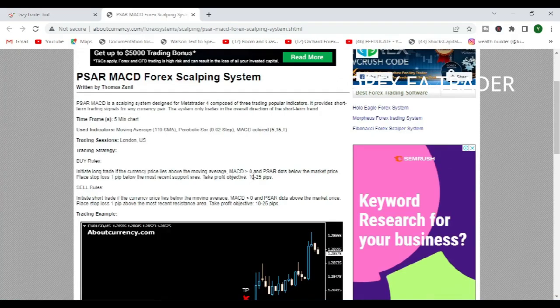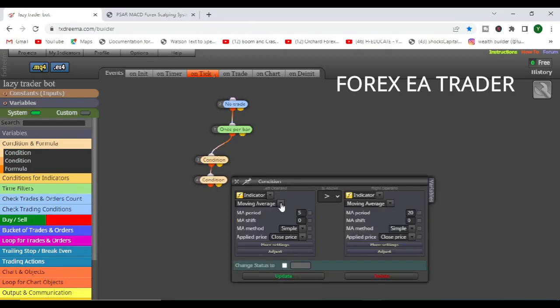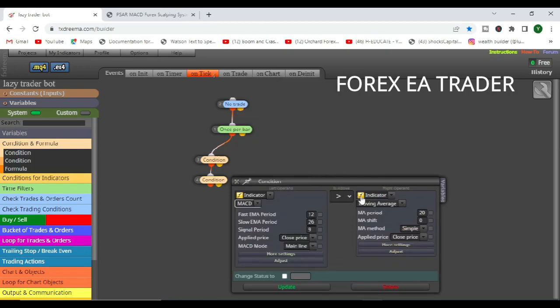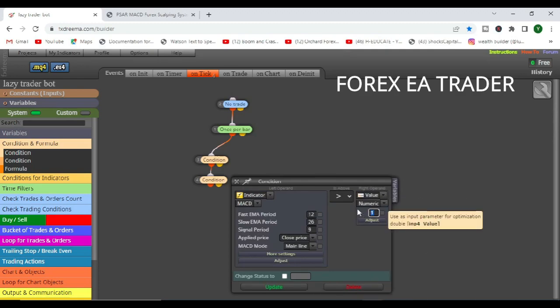Then we need the MACD to be above the zero line. So we are going to again add our MACD condition and double click in there, and under indicator, we're going to look for the MACD. MACD needs to be above 0, numeric 0.